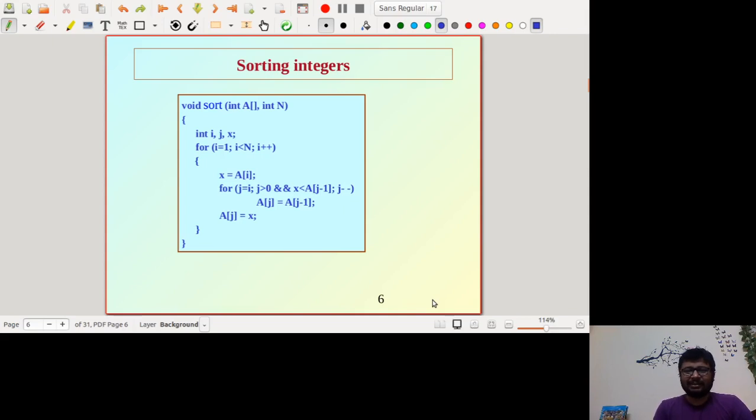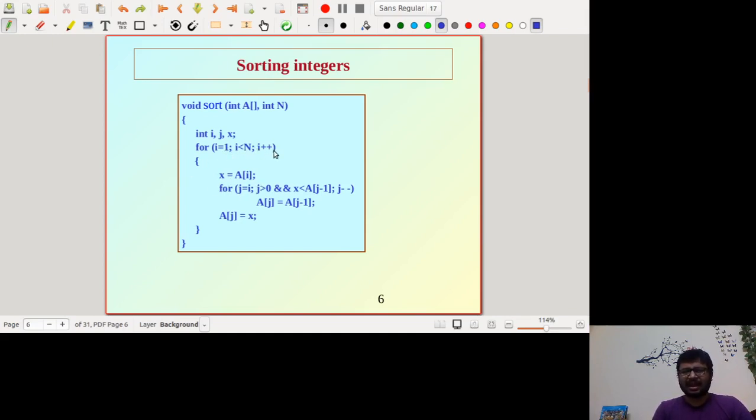Well, there is this outer for loop that has a variable i going from 1 to n, incremented in each step by 1. And in the inner loop, there is another variable j that starts from i and goes backward till 0.